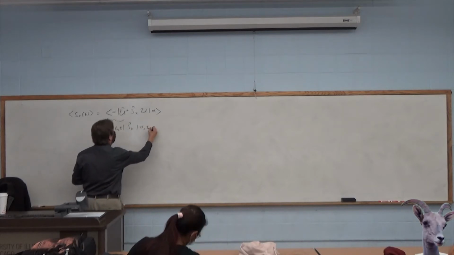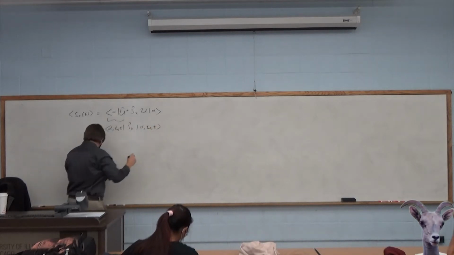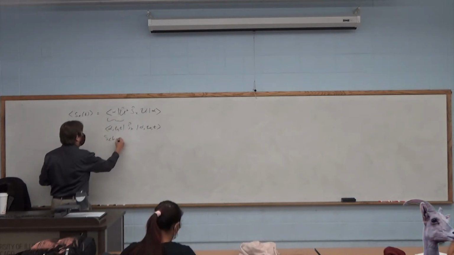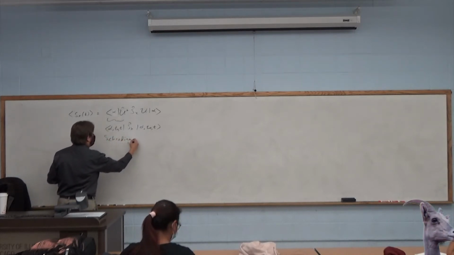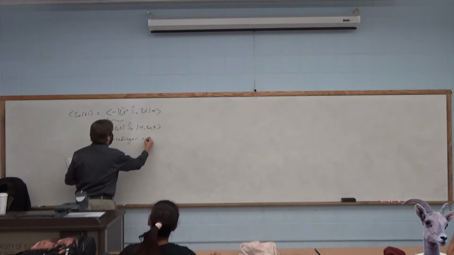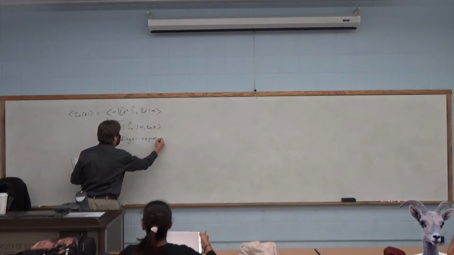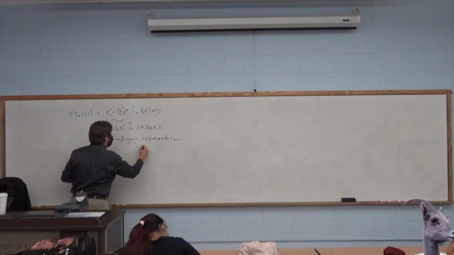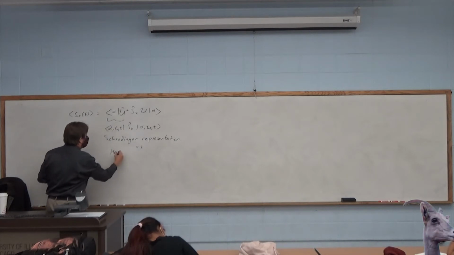And again, I see this very intuitively, and this is called the Schrodinger picture or Schrodinger frame or Schrodinger representation of time evolution, and that's versus Heisenberg.